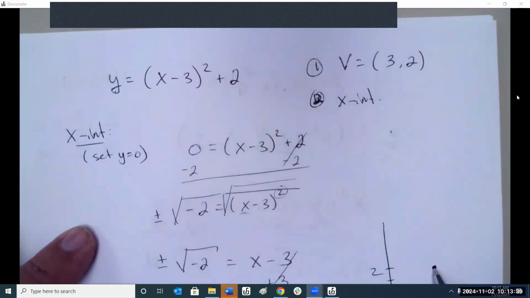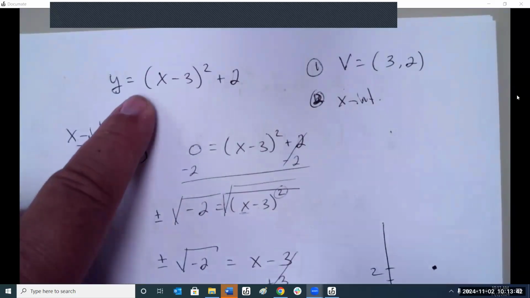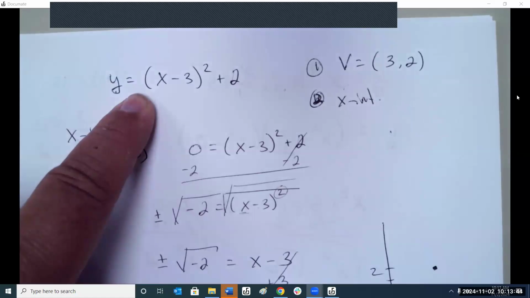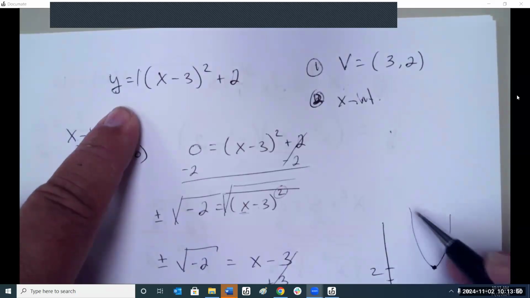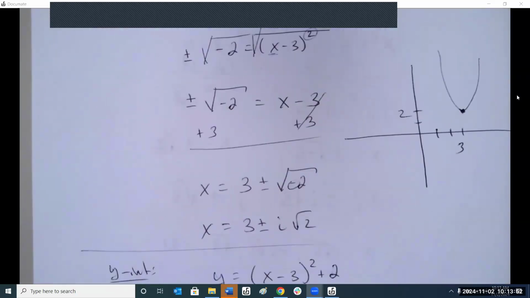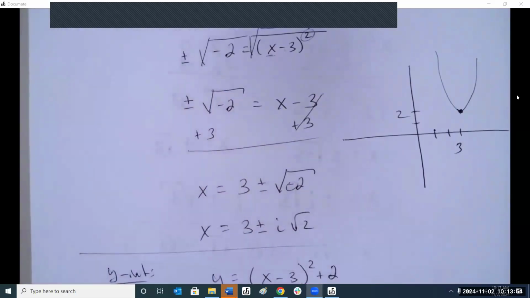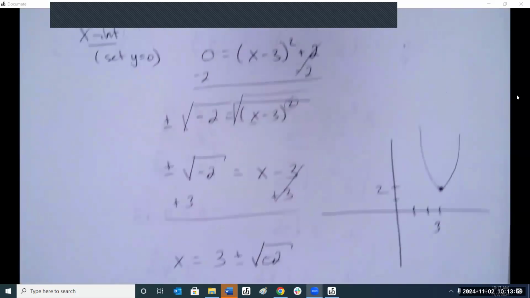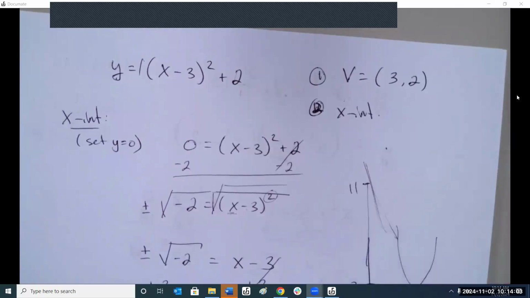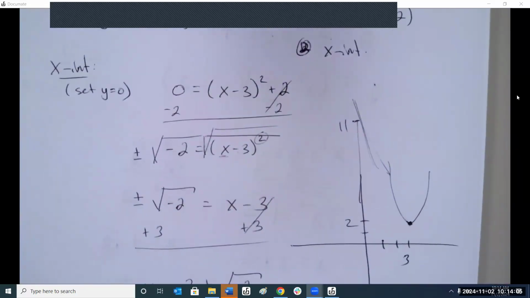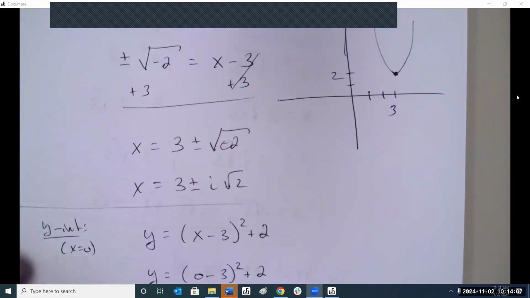Well, because the vertex is above the x-axis. And what's A? A is positive. A is 1. So it opens up. We can look at it so that we know we're not going to have any x-intercepts. But we do know that we're going to cross the y-axis at 11. At some point. Yes, at 11.